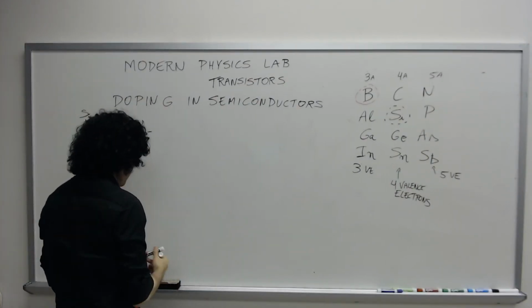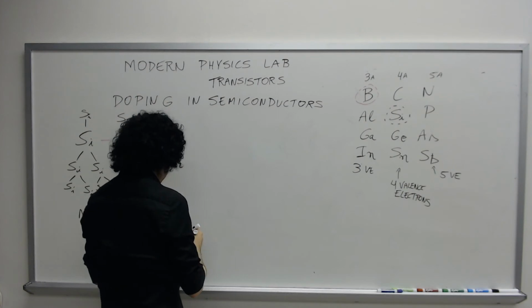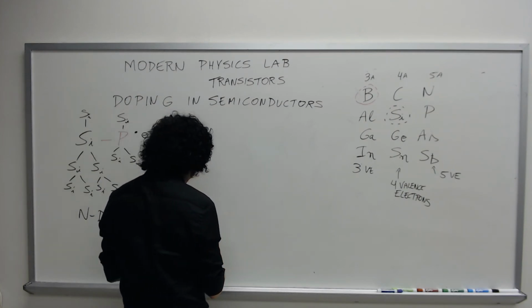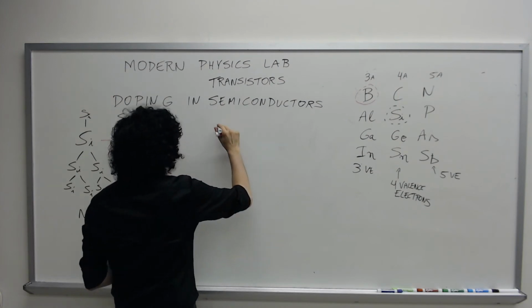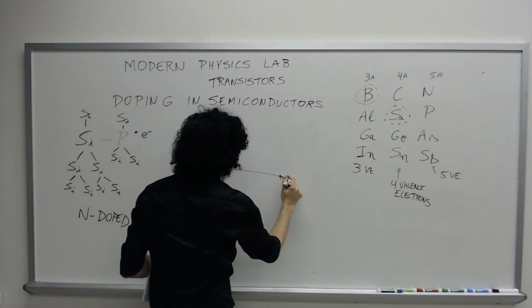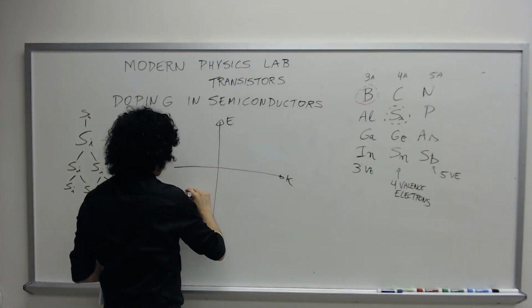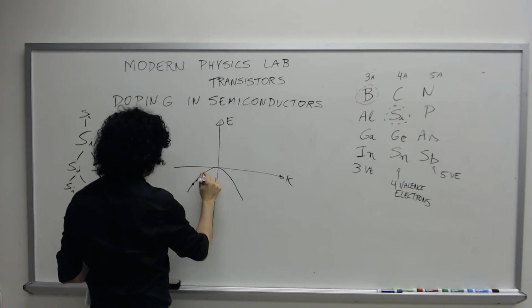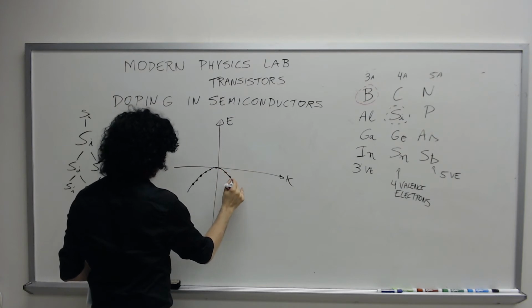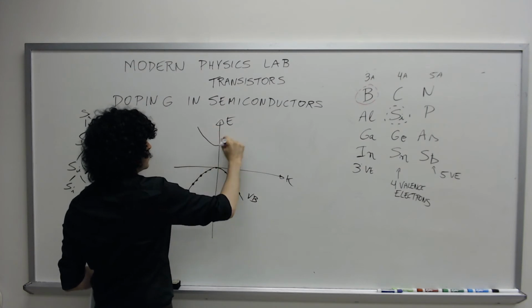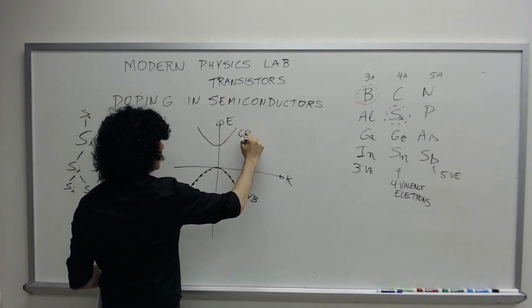You can show that if you look at the band distribution, again, E versus K. So this is completely filled. Here VB, and here CB.